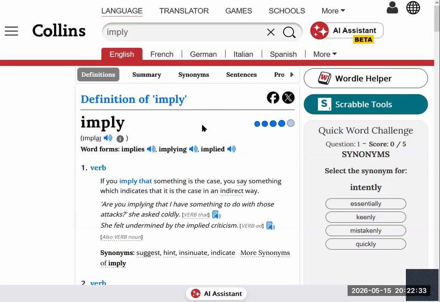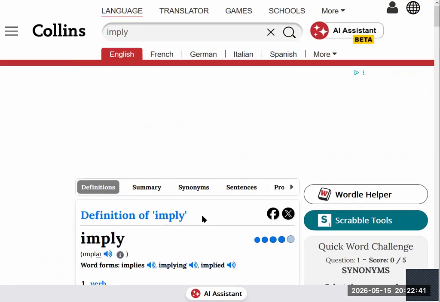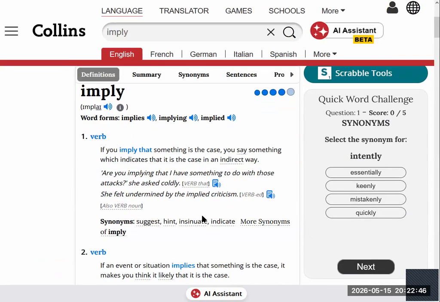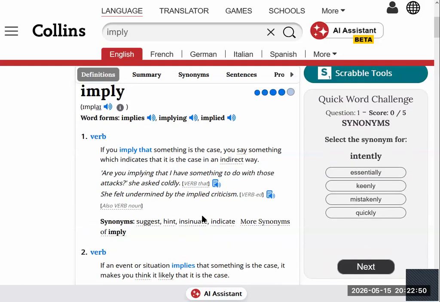So if you imply something, you don't state it in an exact, explicit way. You don't exactly state it, but reasonable logic says, "Oh, you must mean such and such a thing." So there's an idea of a hint, or a suggestion.